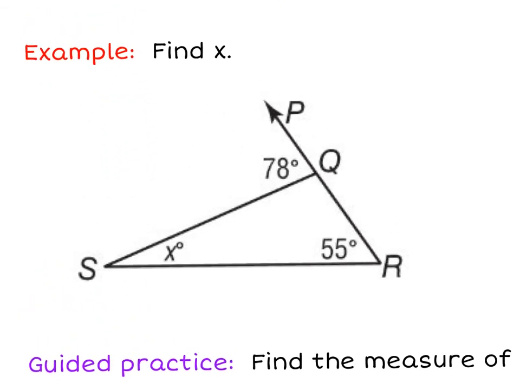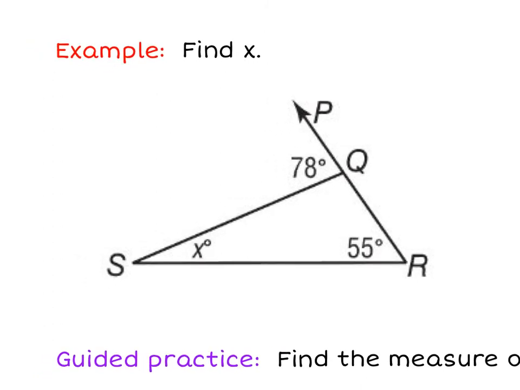Example number 2. We want to find x. So we know that this angle here is the same as this angle plus this angle. So we can set that up in an equation, such that we have x plus 55 is equal to 78. Subtract 55 from both sides.